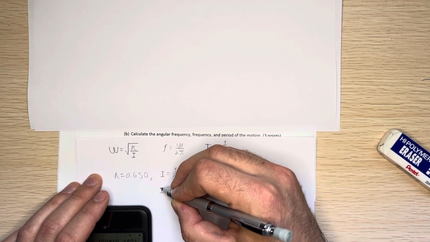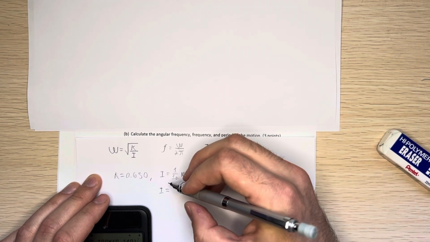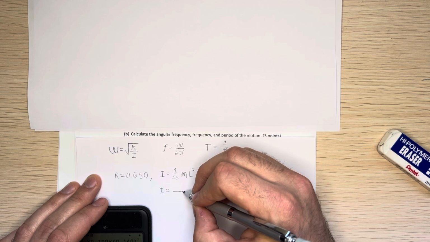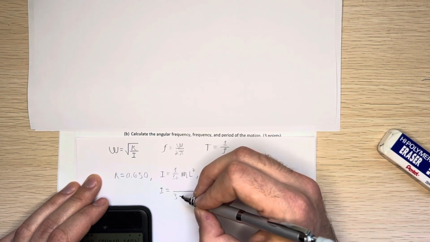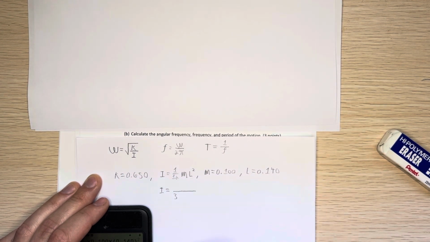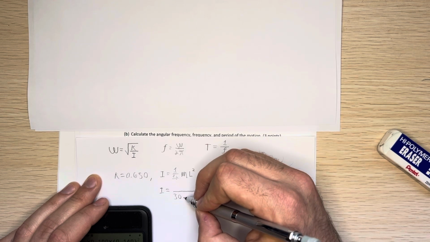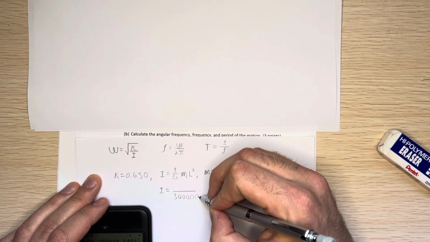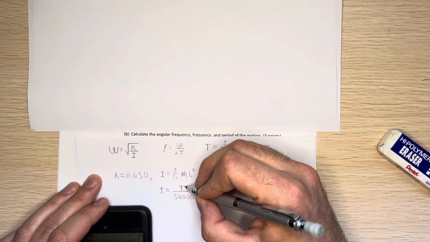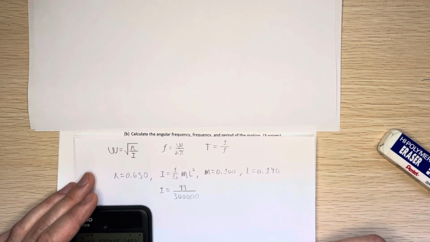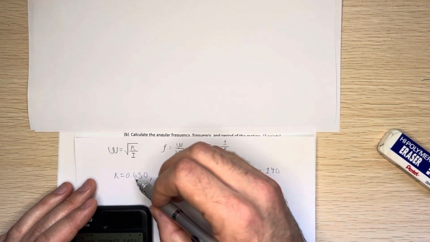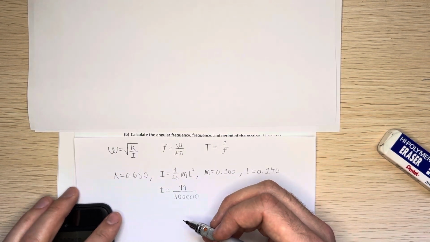So I is equal to this fraction, about 1.63 times 10 to the negative 5. Okay, and then we have K, so we're just going to plug I and K into omega.